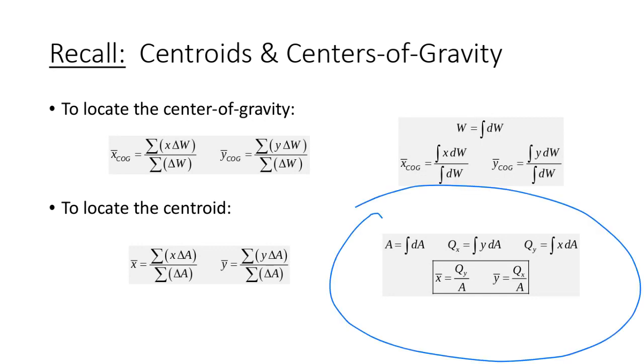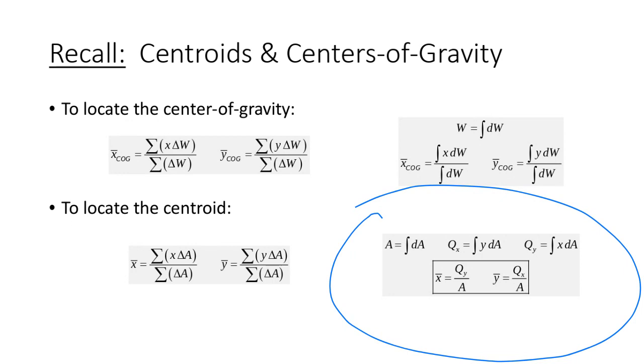What we're doing is integrating the area and integrating the first moments of area, and then using that to define the centroid. And that's fine if you have a shape that can't be adequately represented by a collection of simple shapes.